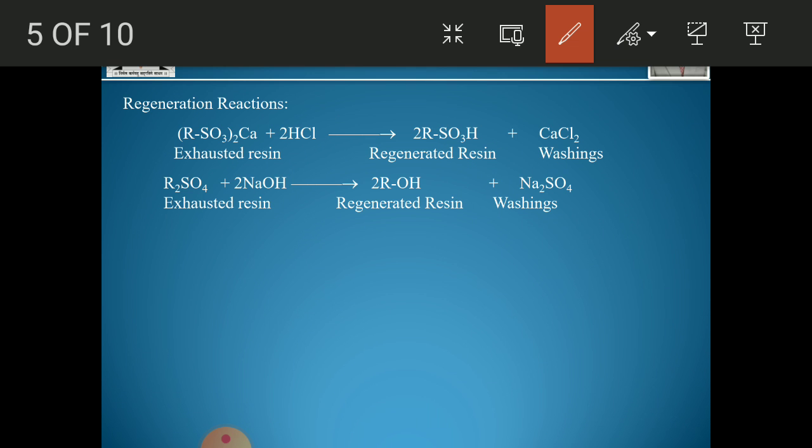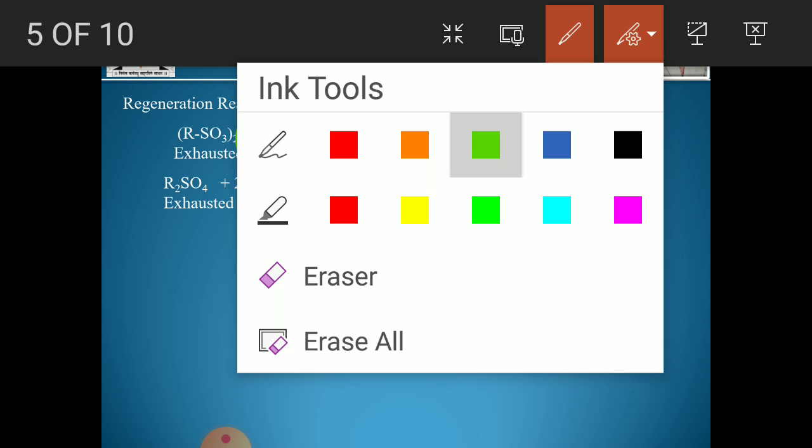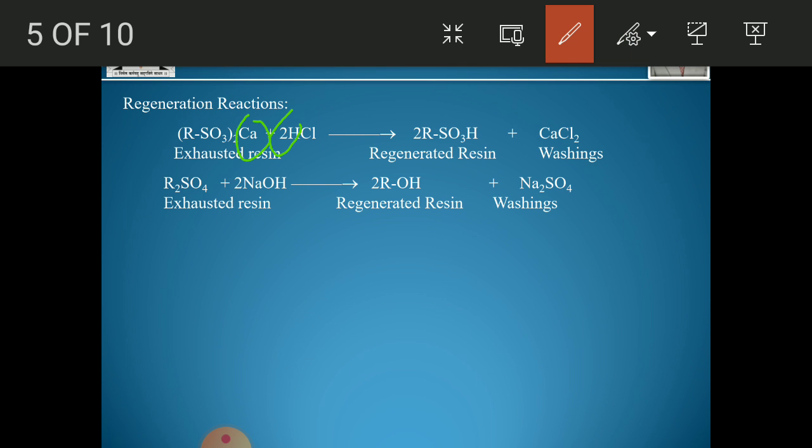When we pass HCl, the H of the HCl will replace Ca of the exhausted cation exchange resin. Means there is a reverse exchange, and we will get RSO3H once again, which is known as the regenerated resin. And a small amount of calcium chloride comes out, which can be thrown out from the bottom.